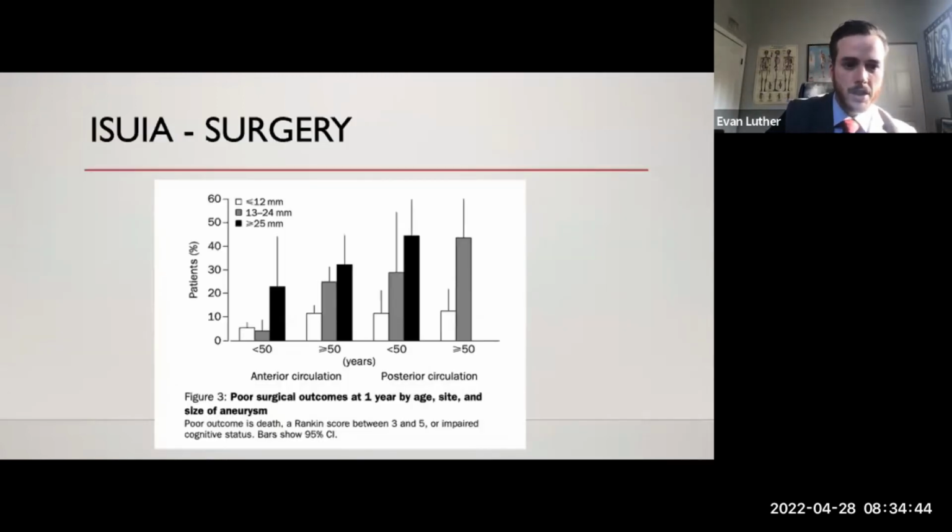So, they did find some predictors of poor outcomes for unruptured aneurysms getting surgery. Older patients, meaning older than 50, who had aneurysms greater than 12 millimeters, aneurysms in the posterior circulation, a prior ischemic event associated with their aneurysm, or aneurysm symptoms other than rupture, meaning mass effect or seizures, all had poorer outcomes than their counterparts getting surgery.